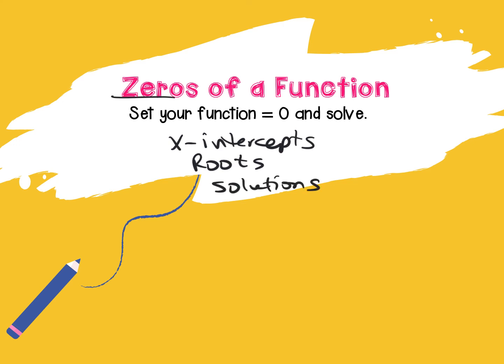So finding zeros, finding roots, finding solutions, the process is the same for all of these instructions. We set our function equal to 0, and then we solve for x. So when it's a quadratic equation, we're going to get 2 answers because it'll usually have 2 x-intercepts, unless your vertex is sitting on the x-axis, and we're going to see that coming up.